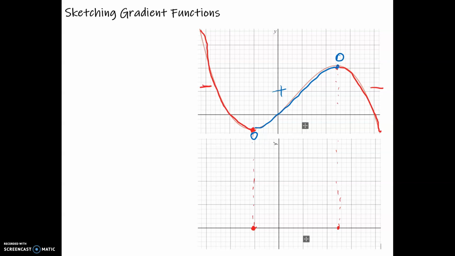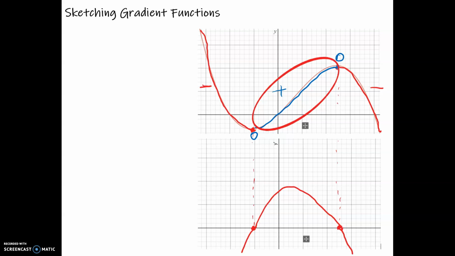So when we're sketching our gradient function, the first thing is to plot the 0 points, and then I know because it's a cubic, it's going to be a parabola. This area is positive, so I'm going to do that. Now, how you draw it doesn't matter, as long as you make sure it's a negative parabola going through those 2 points.